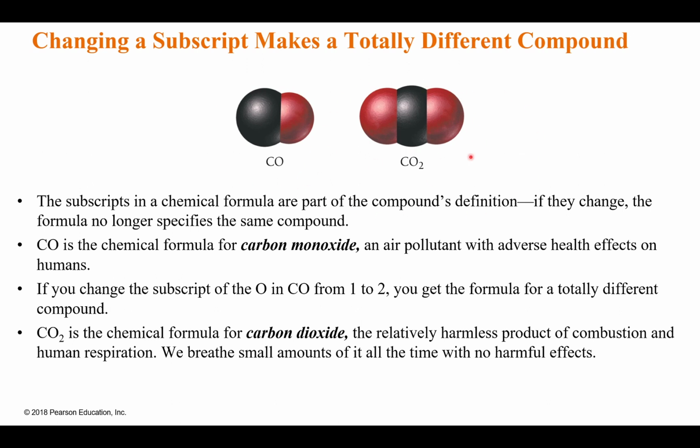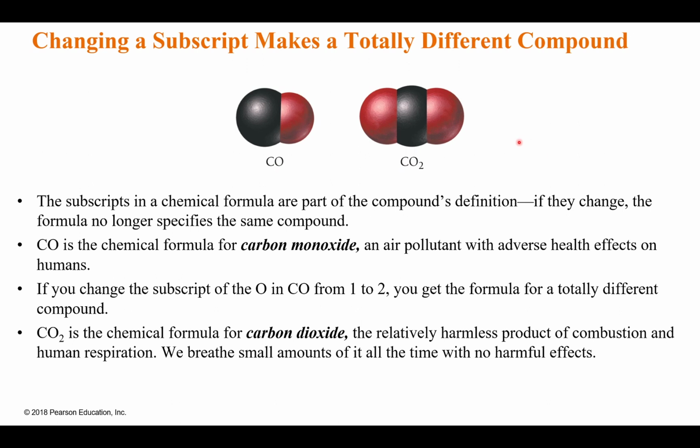Carbon dioxide does not kill you in high concentration. But if you're exposed to a high concentration of carbon monoxide, good luck. So that ratio has to be maintained because it gives us different types of compounds.